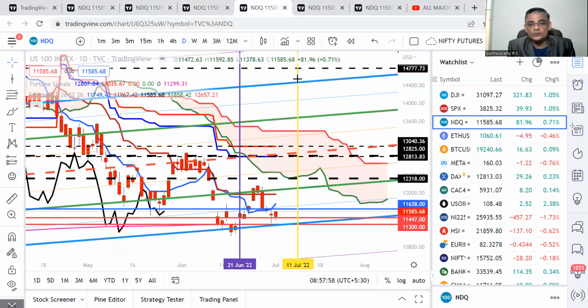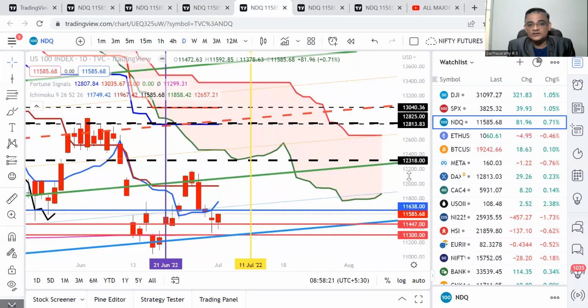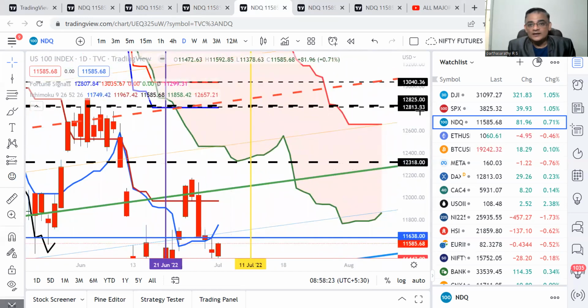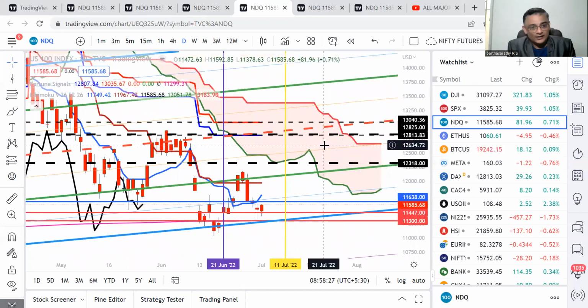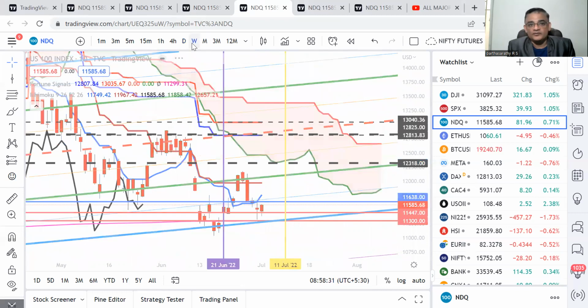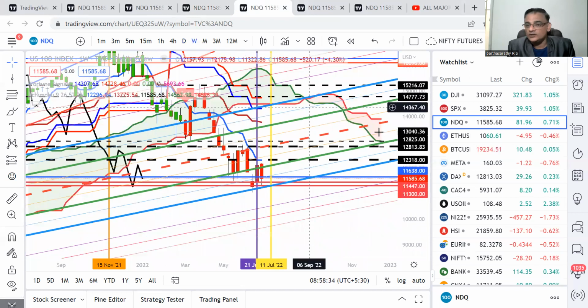So now let's go to Ichimoku. What it says in Ichimoku: it is clearly below the cloud on daily, so definitely it is bearish. Coming to weekly, bearish because it is below the Ichimoku low, and the lagging span is out of any endurance, so there is no problem at all on weekly also.